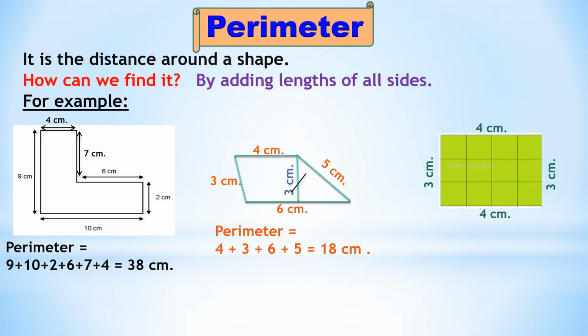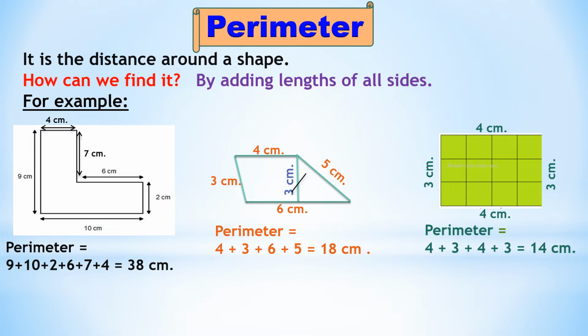The last example, we have here some squares inside an array or inside a shape. We want to find the perimeter. It's the same. If we move outside this shape, we will find the perimeter. The first side is 4 centimeters. 4 centimeters here means we have 4 squares.